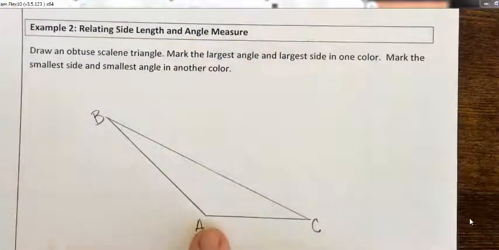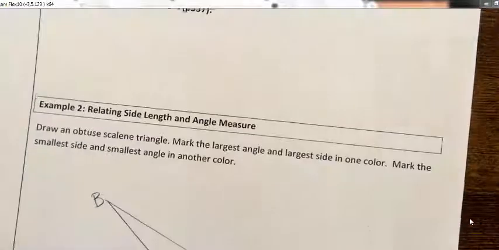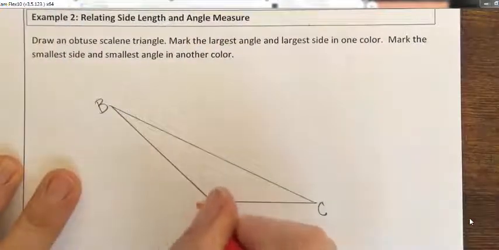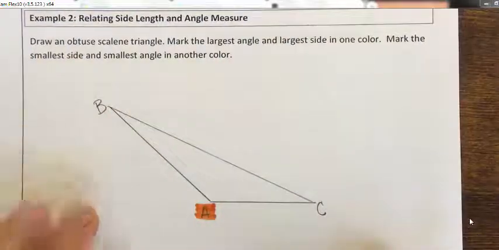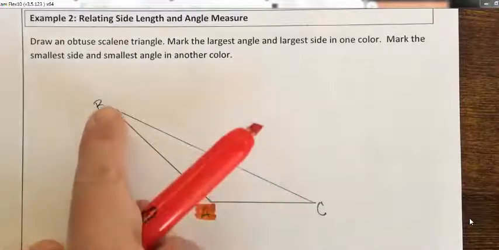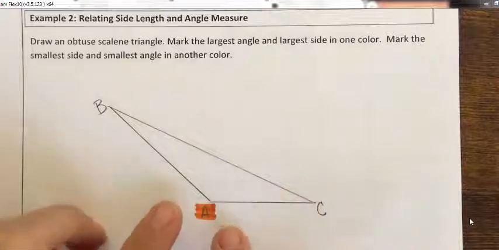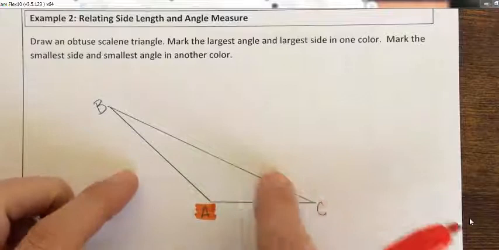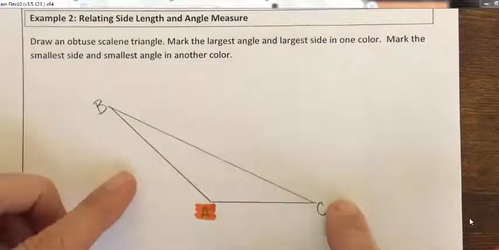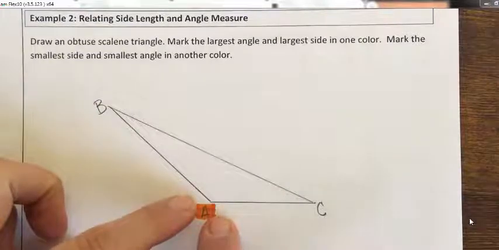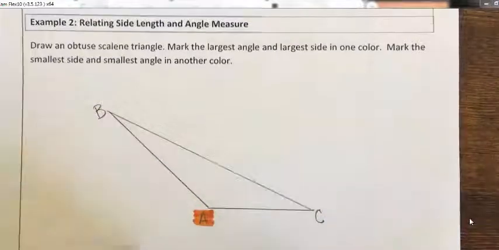So angle A is my largest angle. So I'll go ahead and mark the largest angle with orange. So that's the largest angle. And where do you think the largest side is? Well, just from my drawing, it's really obvious that it's opposite that largest angle, which makes total sense because this angle is wide, right? It needs this larger side to be long enough to connect the two rays that are forming angle A. Or I should say the two segments.